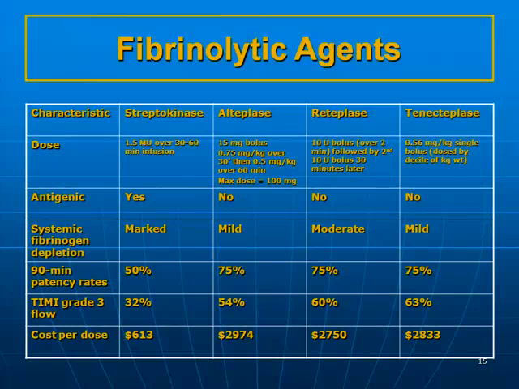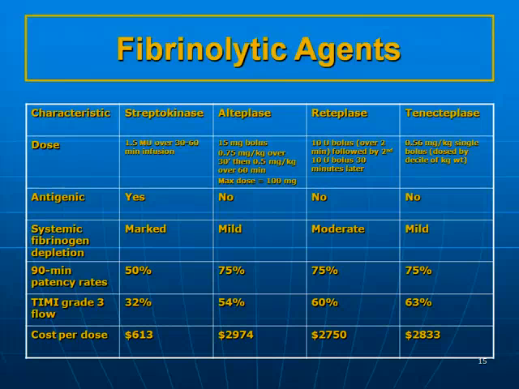The fibrin-specific drugs, alteplase, which is TPA, reteplase, which we refer to as RPA, and tenecteplase, or TNK, or TNKase, are all probably equally effective. What we have in terms of data is that alteplase has been compared to RPA in a mortality trial and shown to be equivalent. Alteplase has also been compared to TNK in a mortality trial and shown to be equivalent.